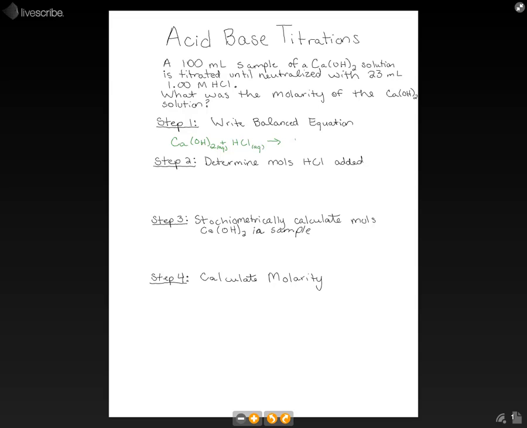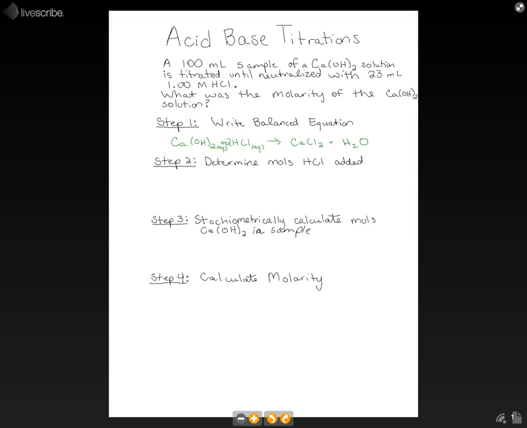So we're going to end up with calcium chloride and water. Now as you can see, this reaction isn't balanced yet. And in order to balance it, we need to put a 2 in front of our HCl, or 2 coefficient, I guess you should say.